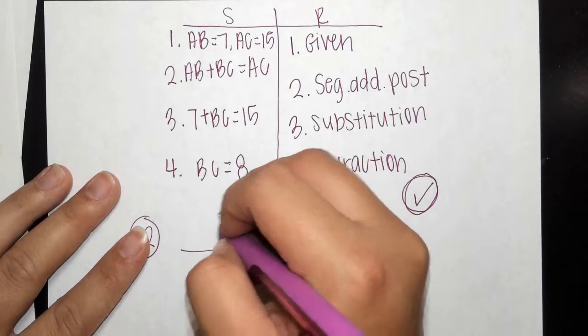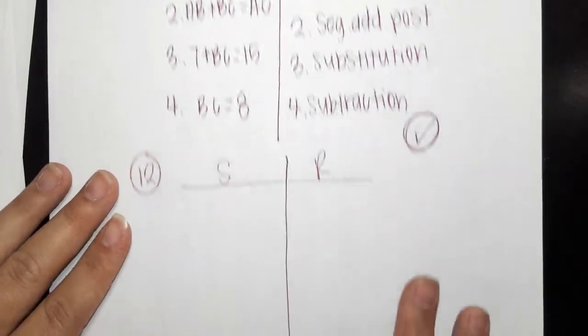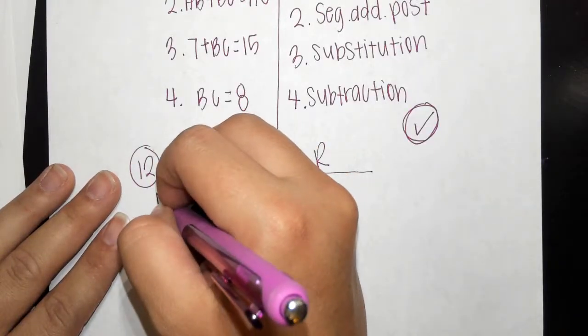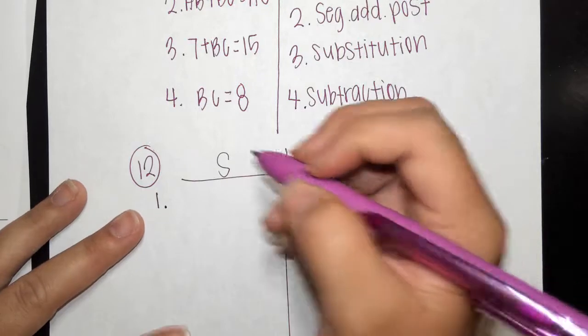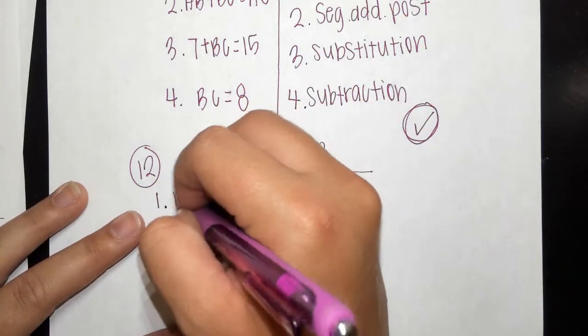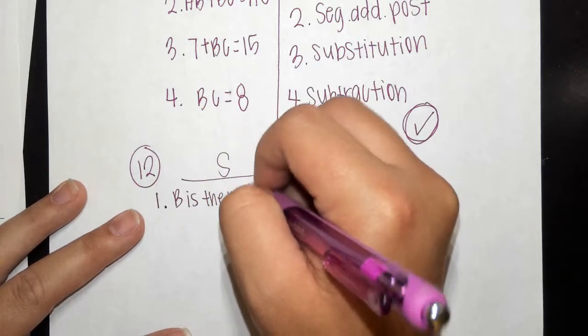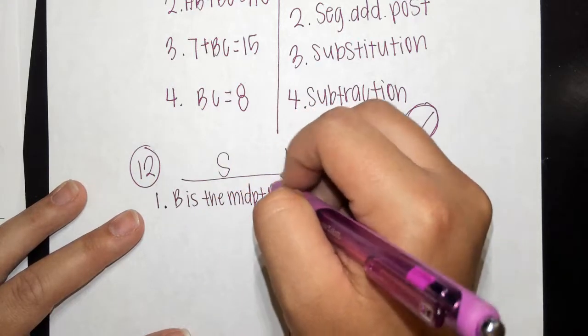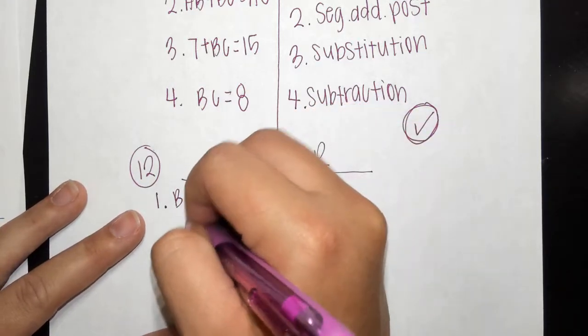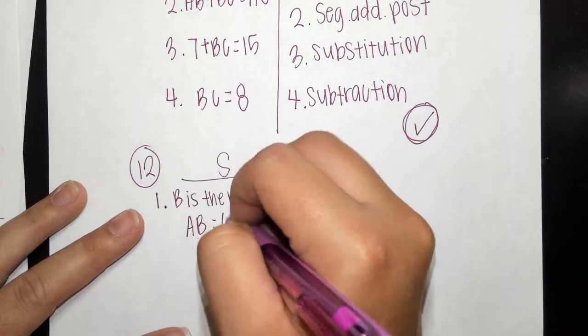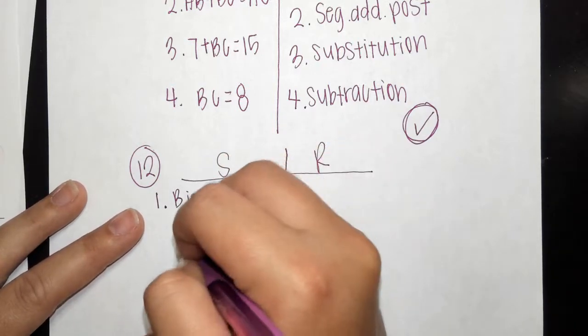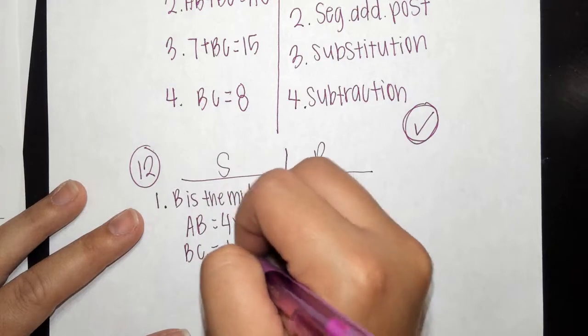What do you think we're going to use? Okay, so write what you're given. Do I have to write all 3 of those? Yes. B is the midpoint of AC. AB is equal to 4x minus 3. And BC is equal to 11.